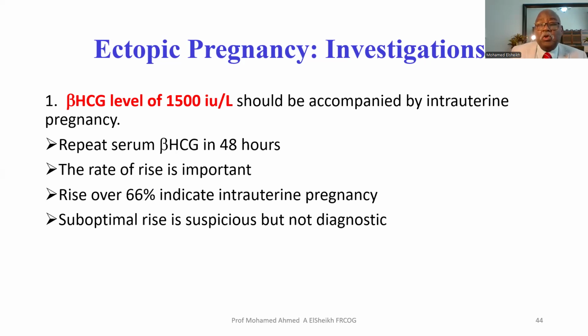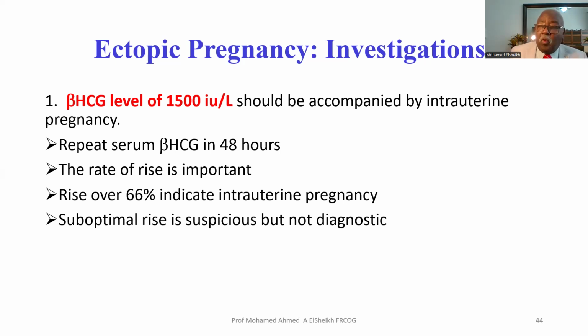In intrauterine pregnancy, the beta HCG should be rising, and the rise should be over 66%. In other words, if it's an ectopic, there may be a rise, but it won't reach 66%.